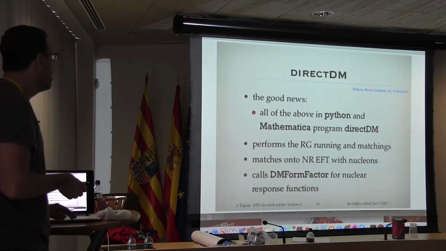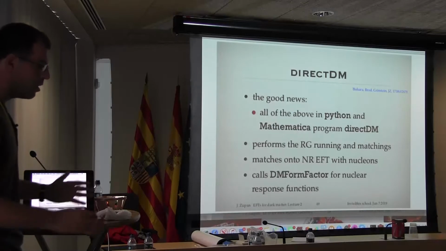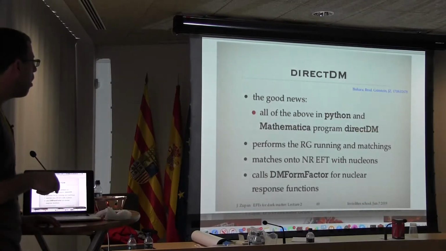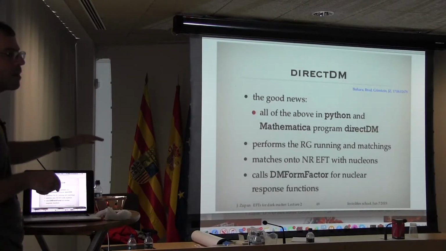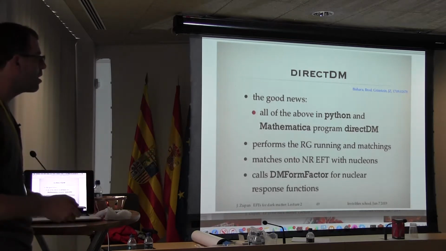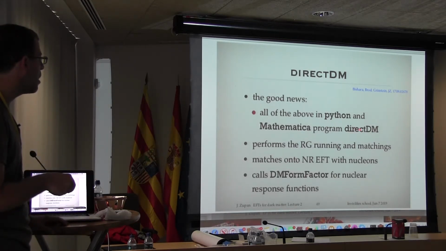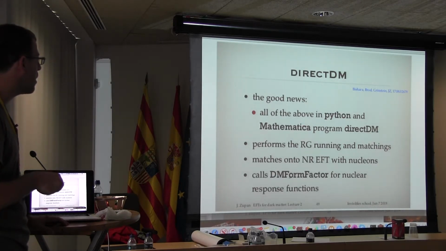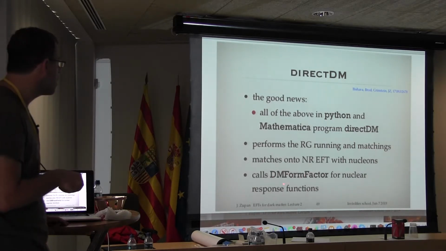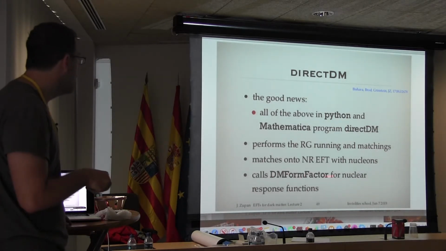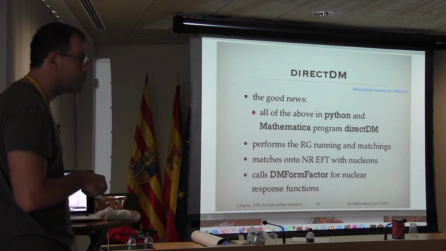No? So, all right. The very good news, I should say, is that all of the above, my first lecture and today's lecture, is available in a program, DirectDM. It's a Python or a Mathematica package. So it performs the RG running and the matchings, matches onto this non-relativistic EFT, and then calls another package, I should have cited Hexton and company, for the nuclear response functions.